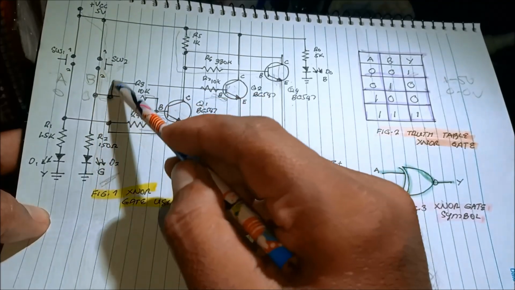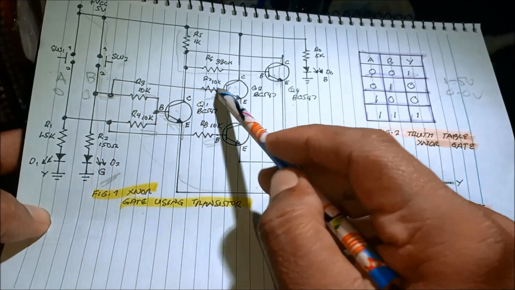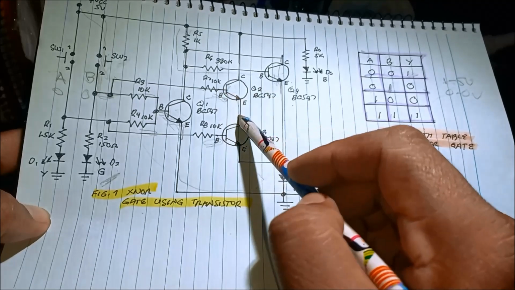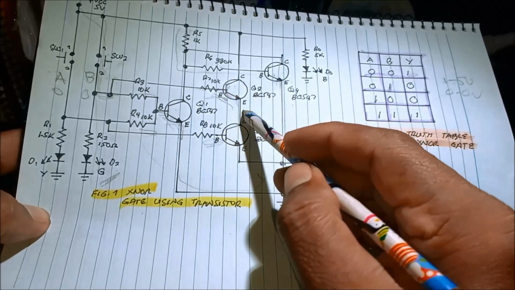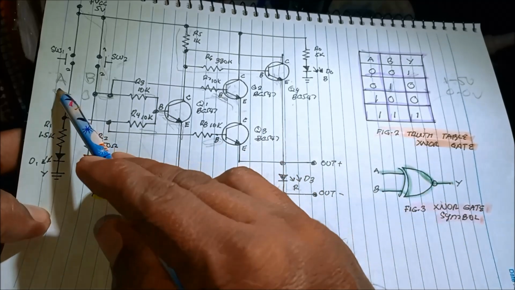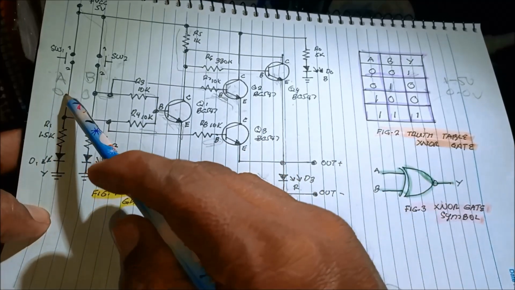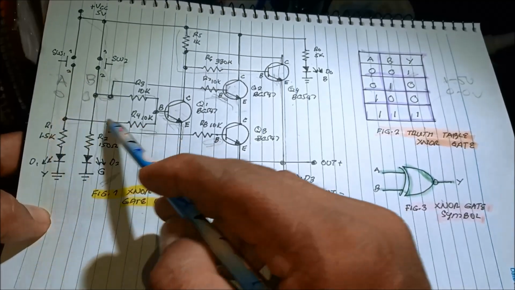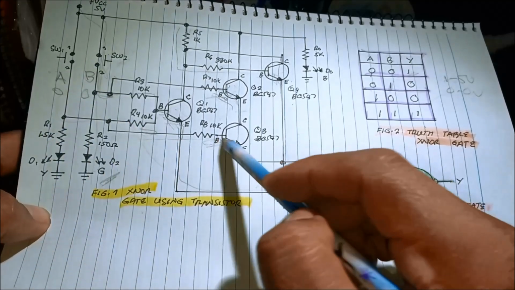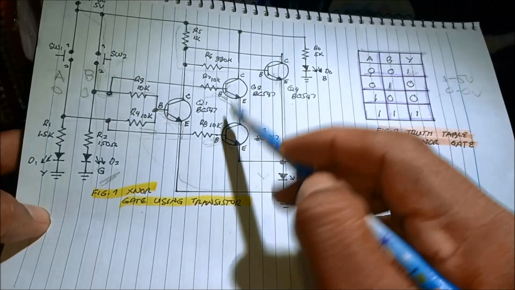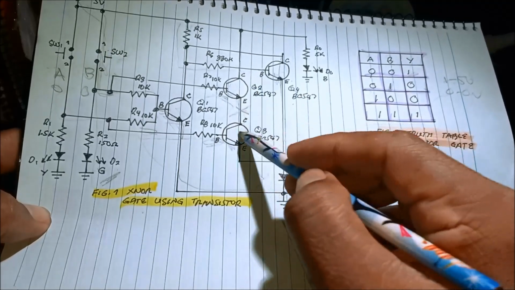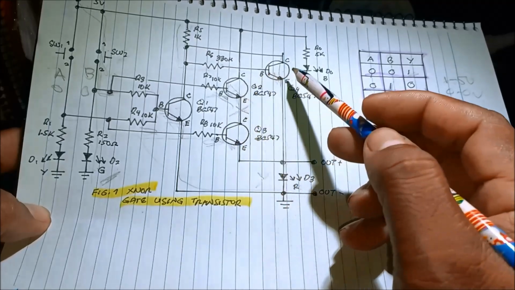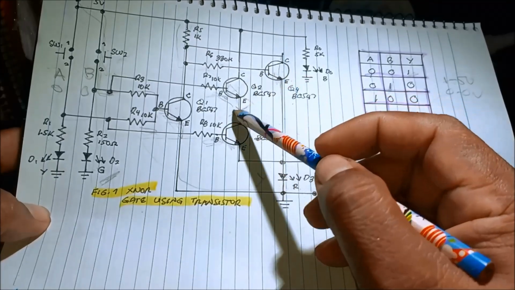Also, it will inject a current to the base of this transistor 2, but it will not switch on because we don't have an input to this switch 1. There is no triggering current to this transistor. That's why this transistor will turn off.